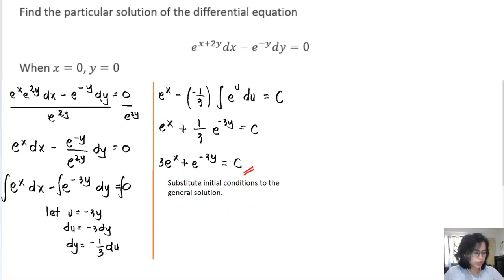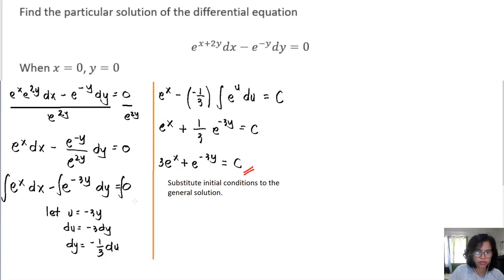Let's proceed. Substituting the initial conditions. What is the initial condition? Go back to the problem at the top. When x equals 0, y equals 0. So substitute that to the general solution.